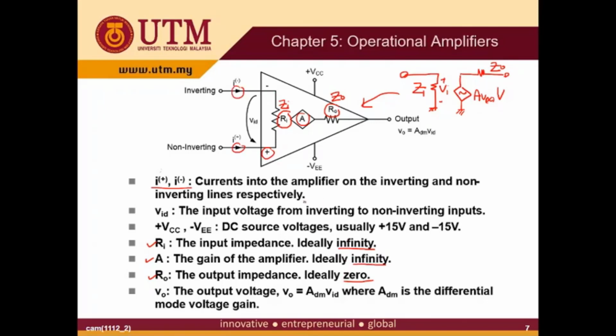Since Zi is infinity for the ideal case, these are equal to 0. So we have zero input current. This characteristic is very important when you want to analyze op-amp circuits.